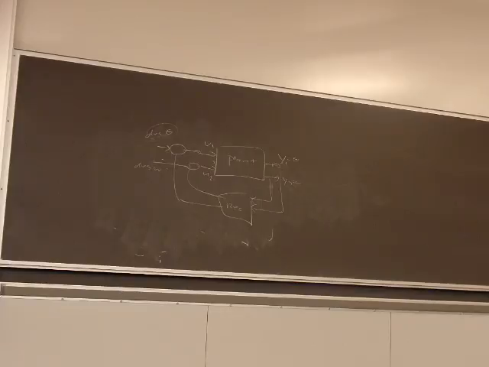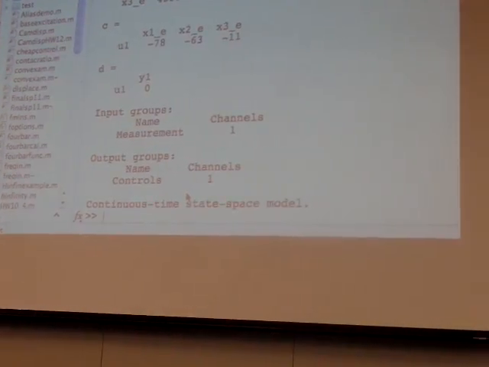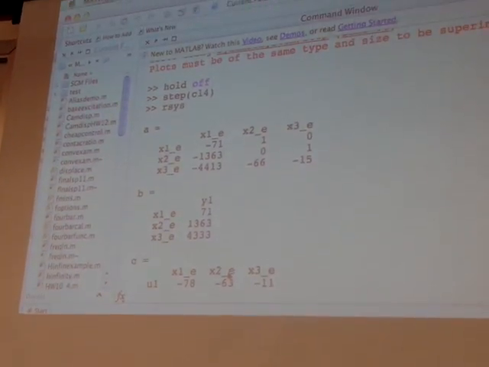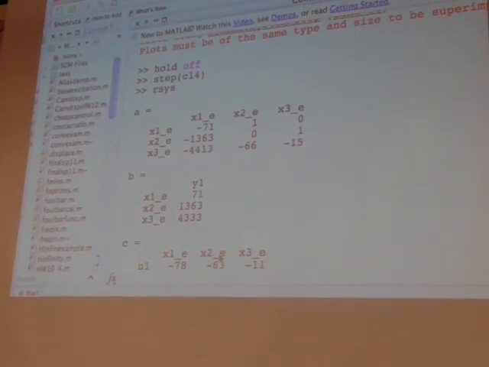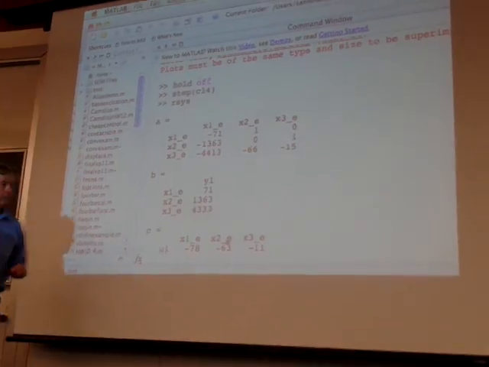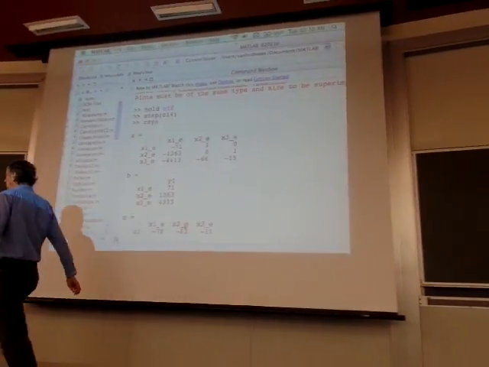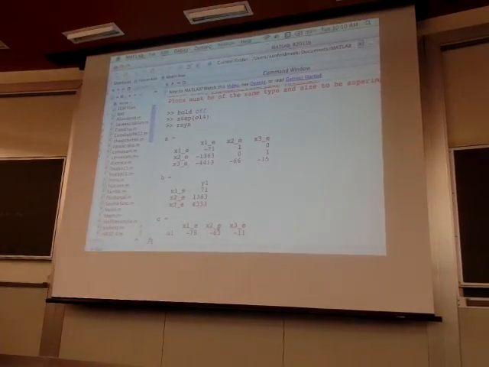Okay. So what you need to do in the lab, actually the simplest part, is implement this into Simulink. Because you're going to be creating a single input, single output system in the lab setup.